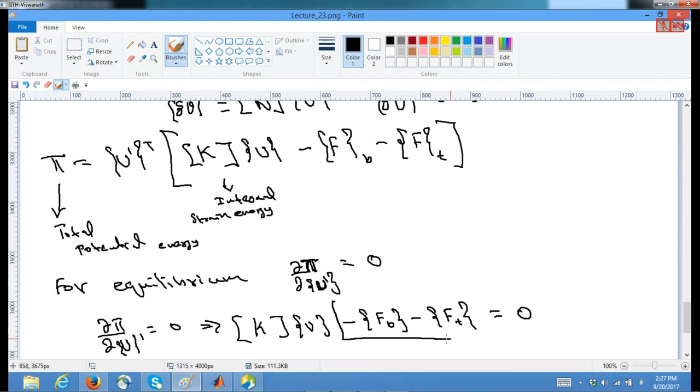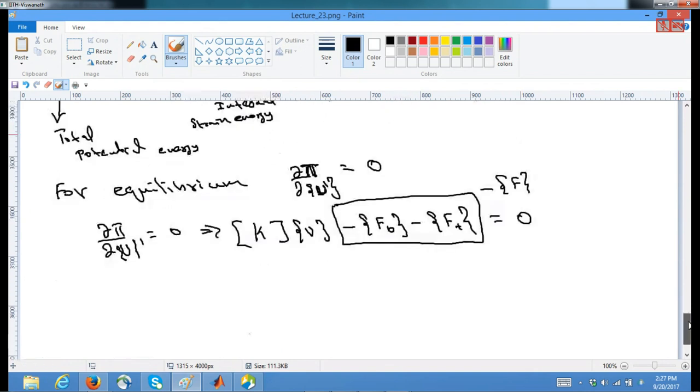This together I call minus f. Then we can write k times u is equal to f.